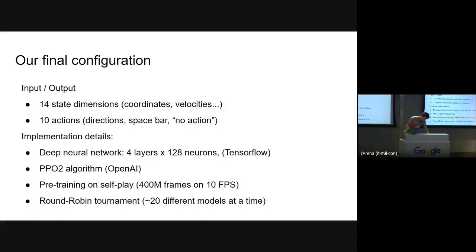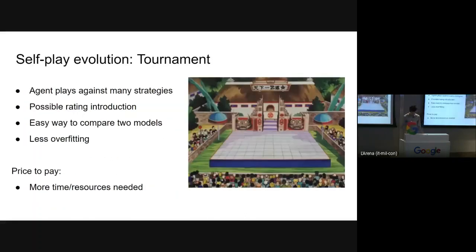We first pre-trained the agent on self-play. We needed 4 million frames at 10 frames per second. Here, this FPS is virtual game time. It's not real; seconds are not real. And after pre-training, we used a round-robin tournament for better strategy exploration. We had about 20 models at the time.